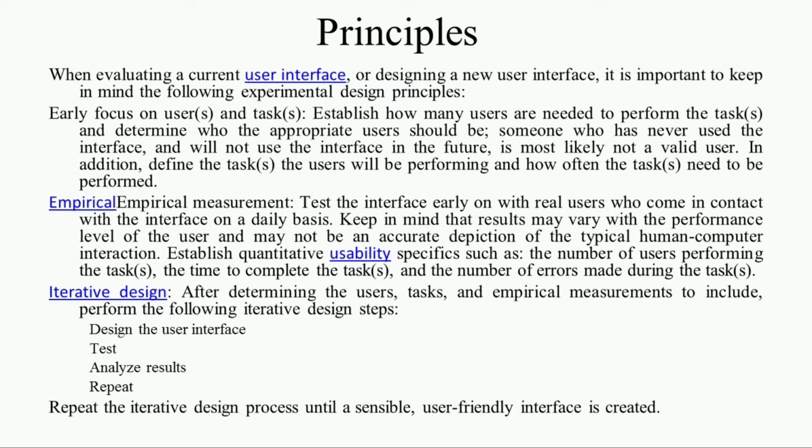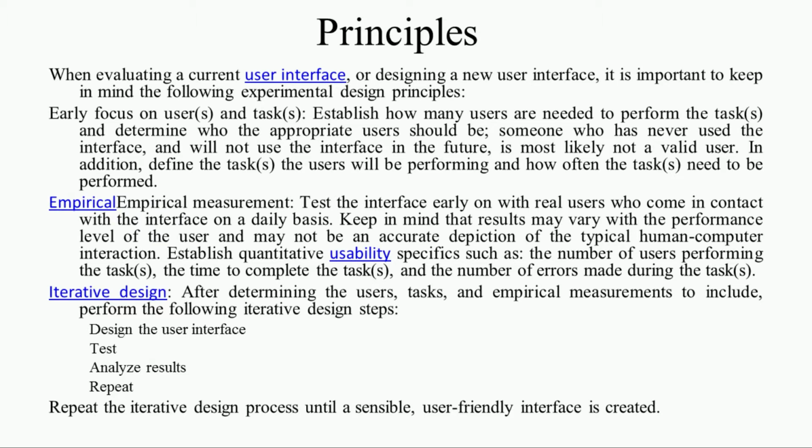Establish how many users are needed to perform the tasks and determine who the appropriate users should be. Someone who has never used the interface and will not use the interface in the future is most likely not a valid user. In addition, define the tasks the users will be performing and how often the tasks need to be performed.